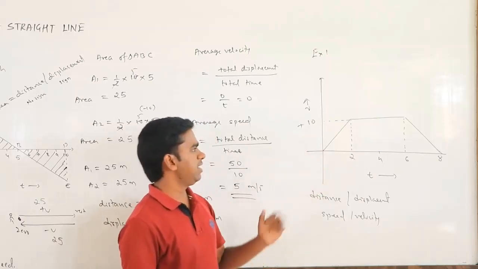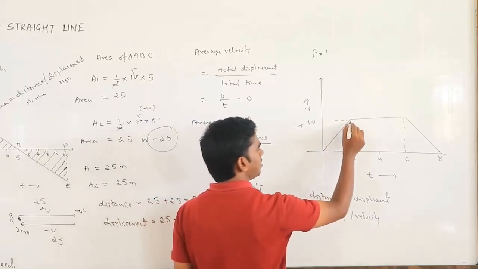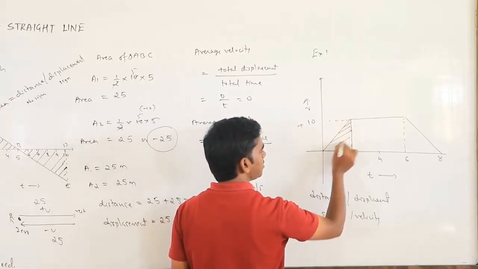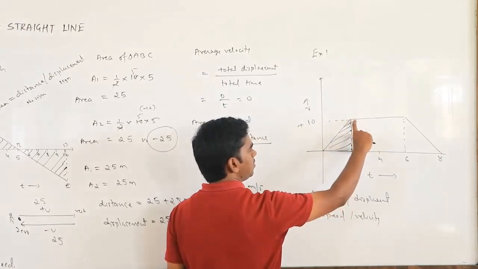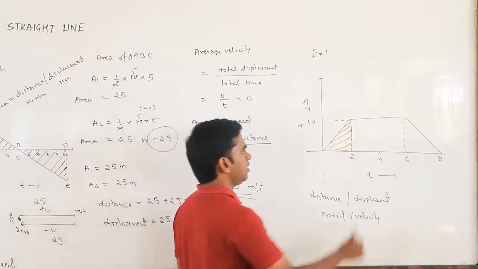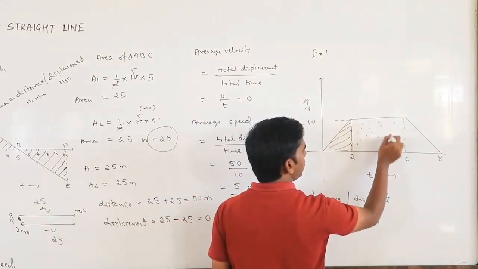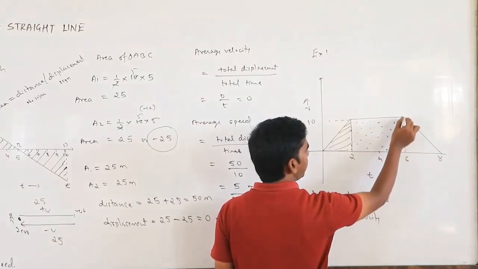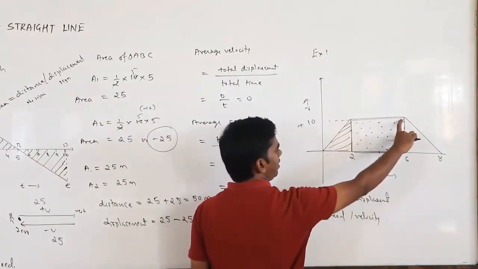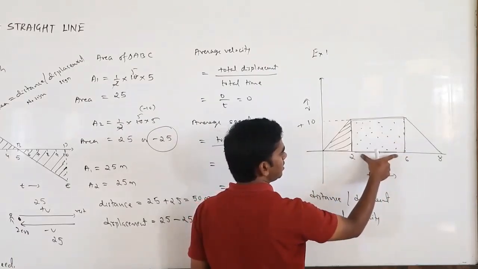How can you calculate the area? You divide the graph. This first part is a triangle, so you calculate half into 10 into 2. Then this is a rectangle, 10 into 6 minus 2, so 4, this distance into this.